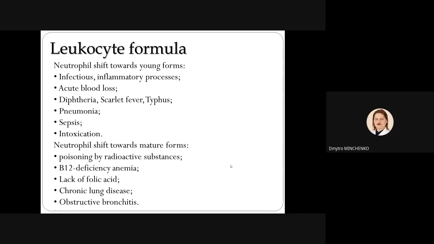Neutrophils shift towards mature forms, or a right shift. Poisoning by radioactive substances. Irradiation, B12 deficiency anemia, lack of folic acid, chronic lung disease, obstructive bronchitis, probably also chronic.